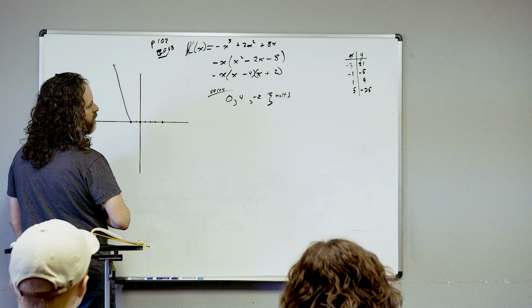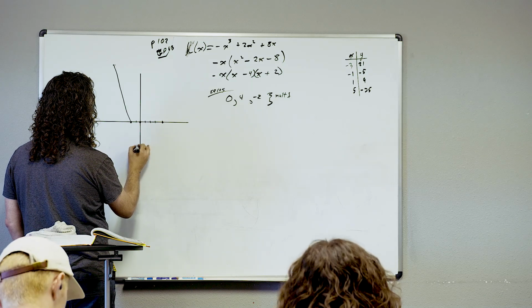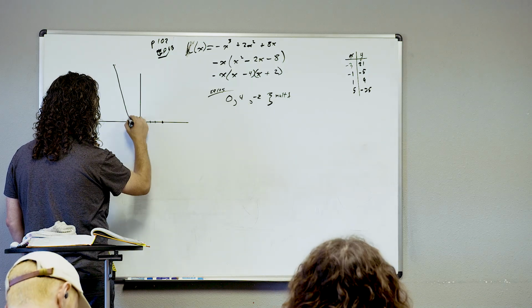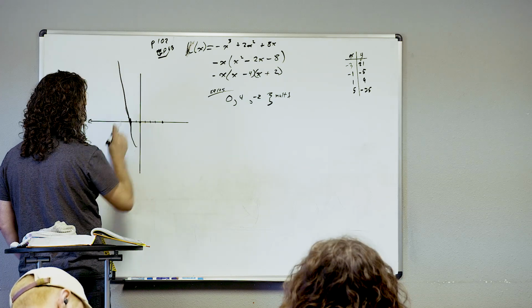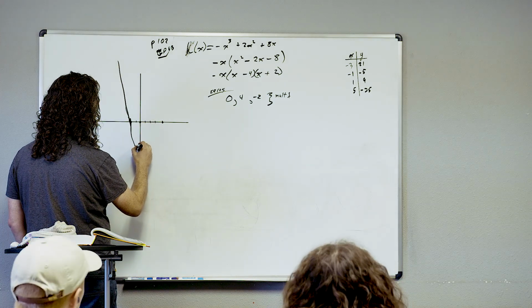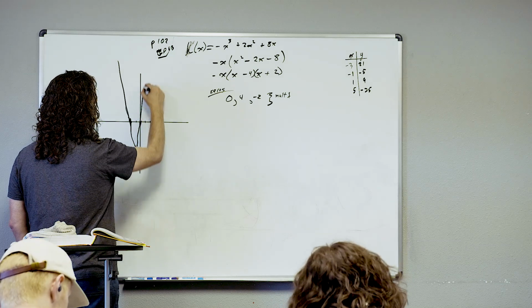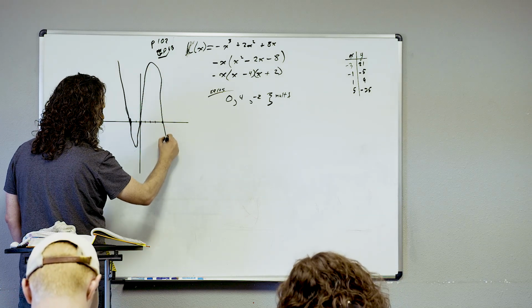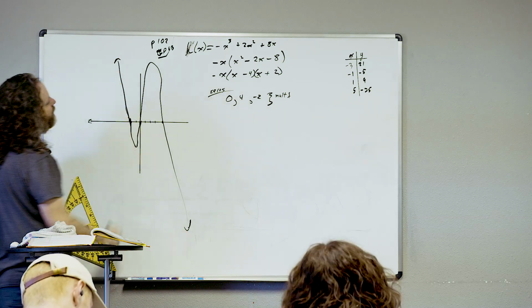Then at negative 1, it's at negative 5, so about there. Then up here, and then 1 and 9. Isn't it beautiful?